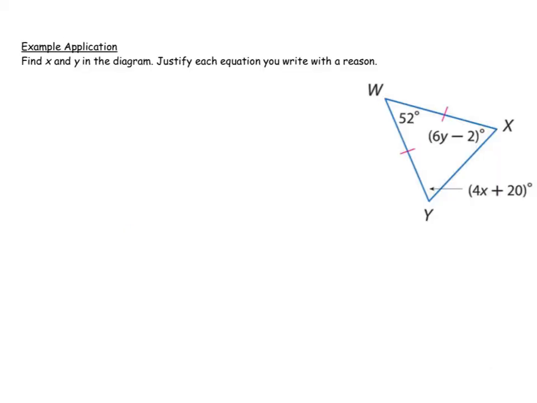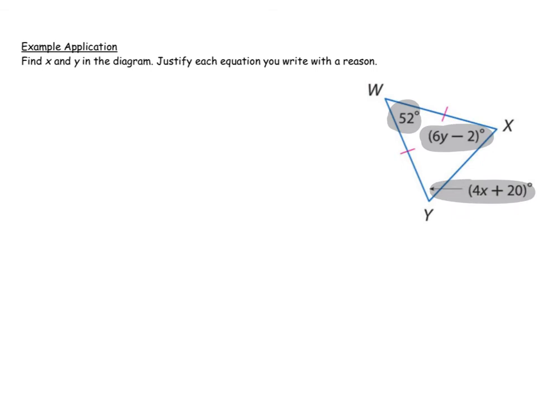So the last thing we're going to do today is to apply the isosceles triangle theorems to solve problems involving angles. So here we are given three angles, 52, 6y minus 2, and 4x plus 20, and I know that these are the three angles of a triangle.